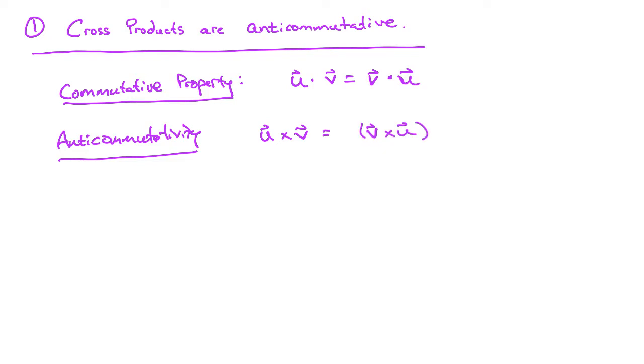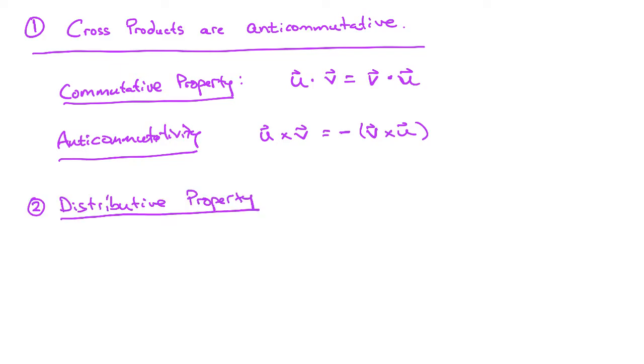The answer we get is actually the negative of the answer from the other order. So the commutative property, where order doesn't matter, says u dot v is v dot u. Anti-commutativity introduces a negative if we switch the order, so u cross v is equal to negative v cross u.